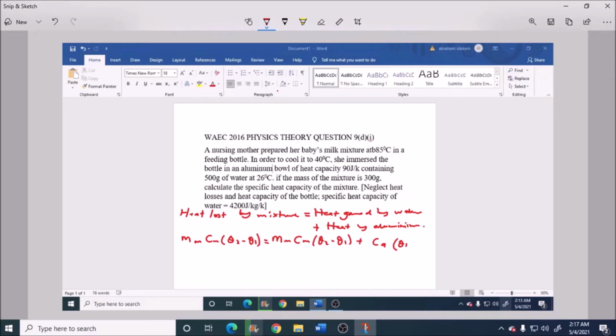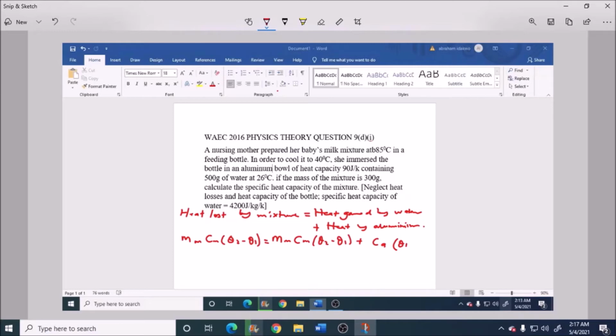Okay, so this will have 0.3 times specific heat capacity of the mixture, temperature change 85 minus 40, equal to 0.5, which is the mass of water, times specific heat capacity of water, then temperature change, which is 40 minus 26.